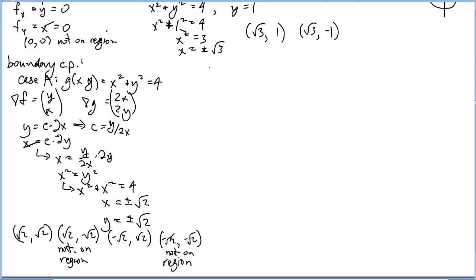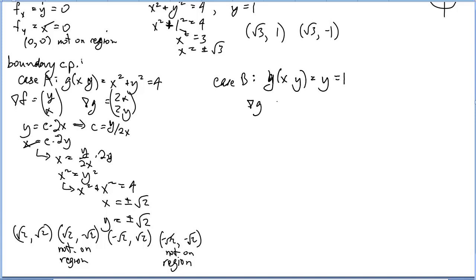Okay. Now remember, this was checking on the piece of the boundary that was the circle. We've got to go back and check on the part of the boundary which is y equals 1. So notice that in this case, our function, we'll use g again, is just y, and that equals 1. So we already know grad f.